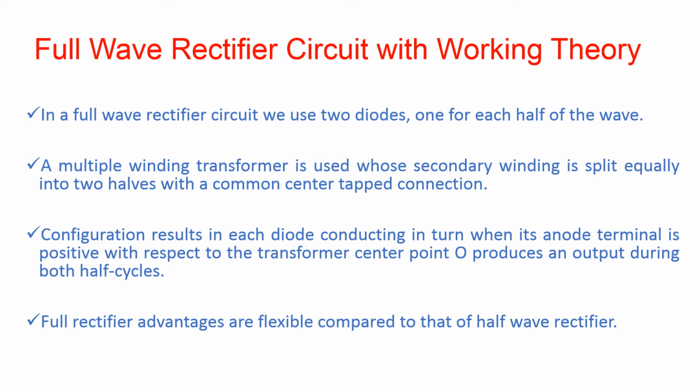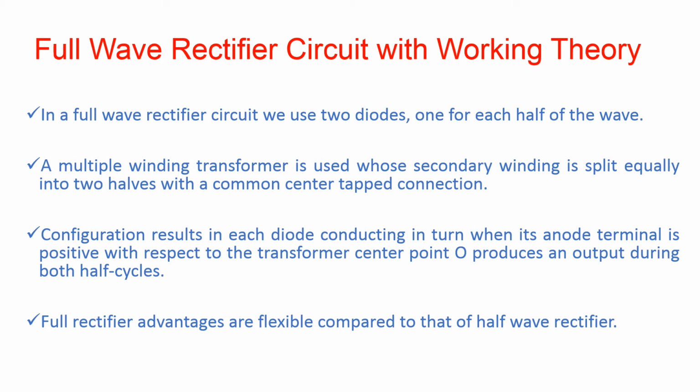Now, the full wave rectifier circuit with its working theory. In a full wave rectifier circuit, as I already mentioned, we use two diodes, one for each half of the wave. A multiple winding transformer is used whose secondary winding is split equally into two halves with a common center tap connection. As I have already mentioned, the secondary winding is divided into two equal parts, so it is called a center tapped connection.